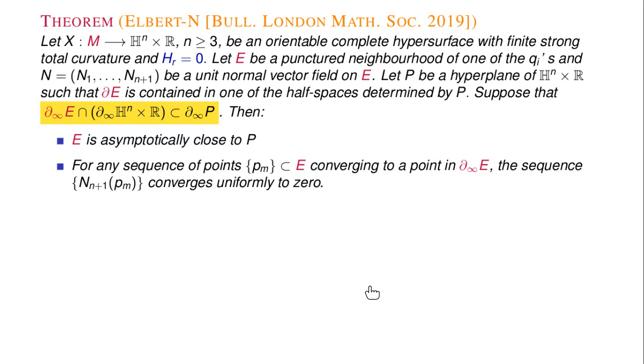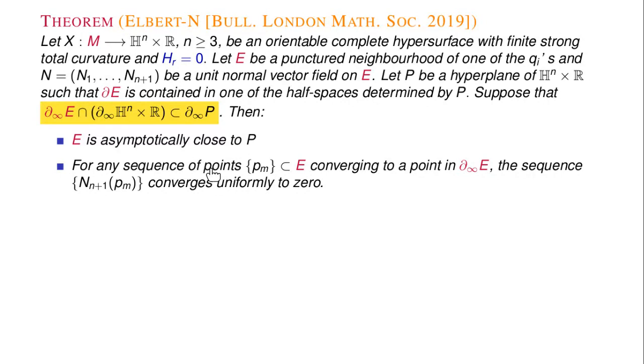So you choose such a plane, and you assume that this yellow stuff, that is the boundary at infinity of the end, when you consider the part contained in the cylinder, is contained in the boundary at infinity of the plane. You don't know what happens above and below, but you know this. Then what we are able to prove is that E, in fact, is asymptotically close to P, to the plane.